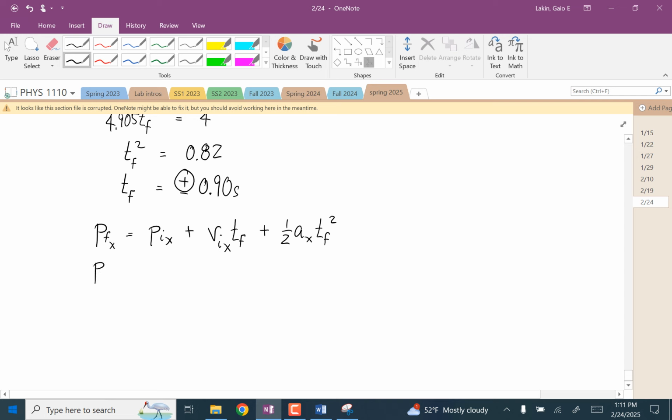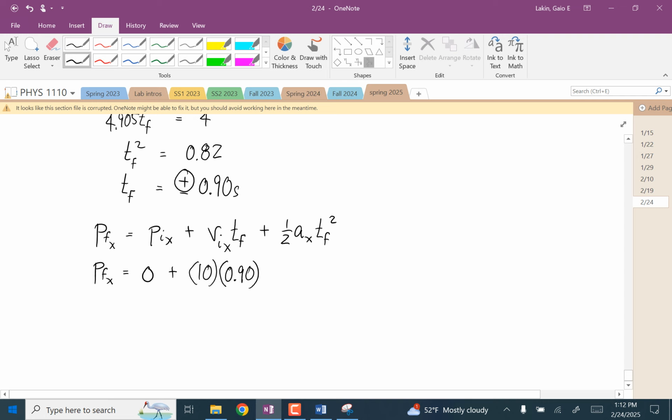So we have PFX is equal to, what's PIX? Zero, yep. What's VIX? 10. We just solved now for TF, so that's 0.9.